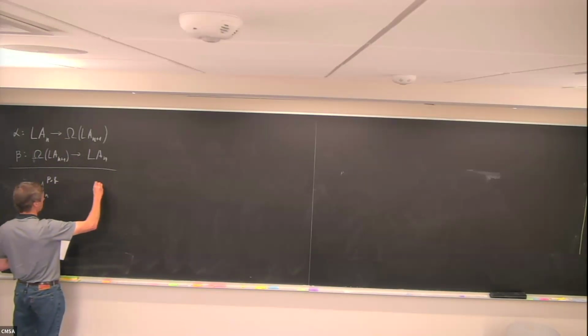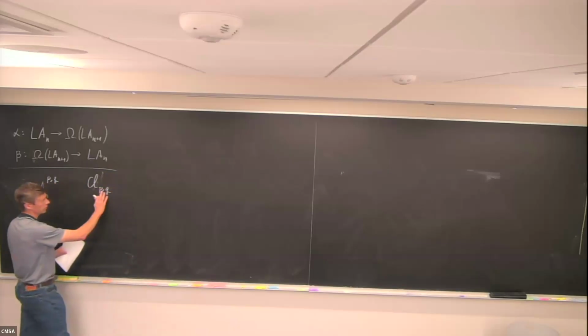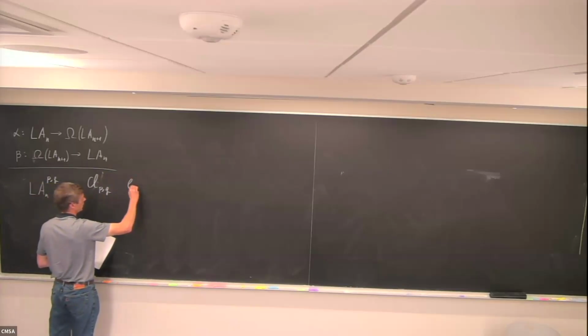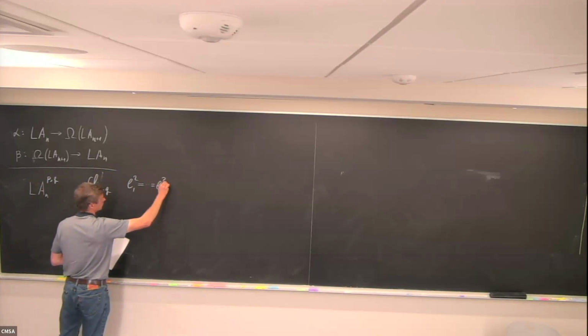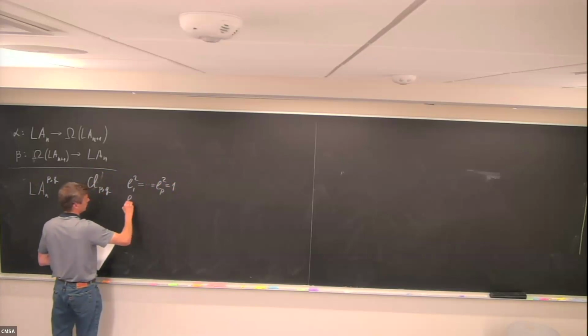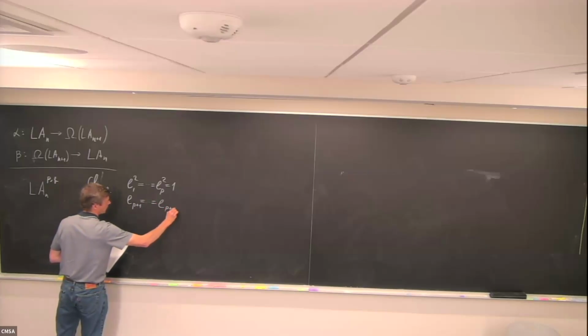We consider the Clifford algebra, Clifford P, Q. It's a real Clifford algebra with generators E1 through E P plus Q, such that the first P generators square to 1, and the remaining generators square to -1.